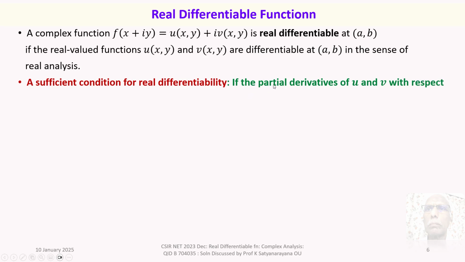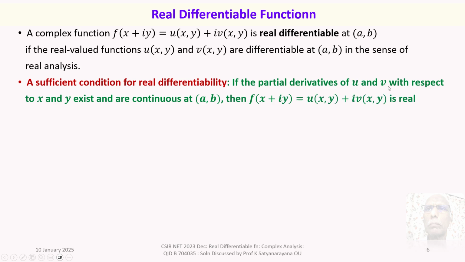If the partial derivatives of u and v with respect to x and y exist, that is ux, uy, vx, vy exist, and these four first order partial derivatives are continuous at a comma b, then u of x comma y and v of x comma y are differentiable, and thereby f of x plus iy equal to u of x comma y plus i v of x comma y is real differentiable at that point.